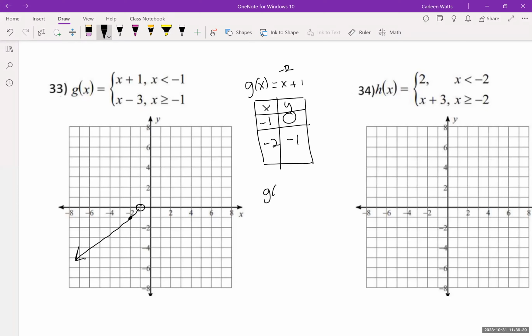Okay, g of x is also x minus 3. Make a table. So we're going to start with -1, both graphs.